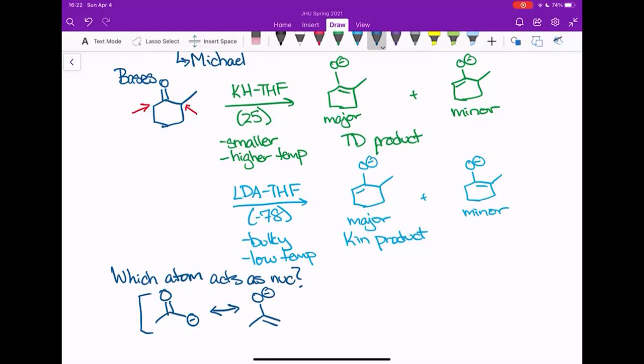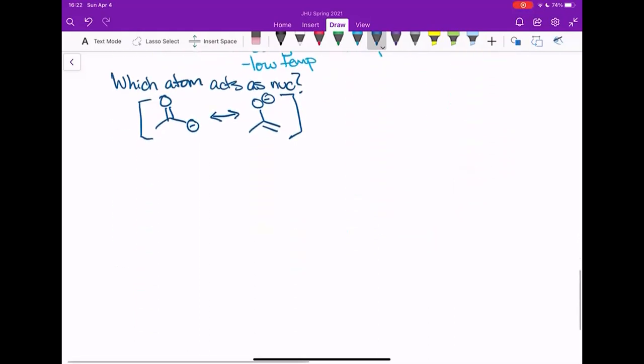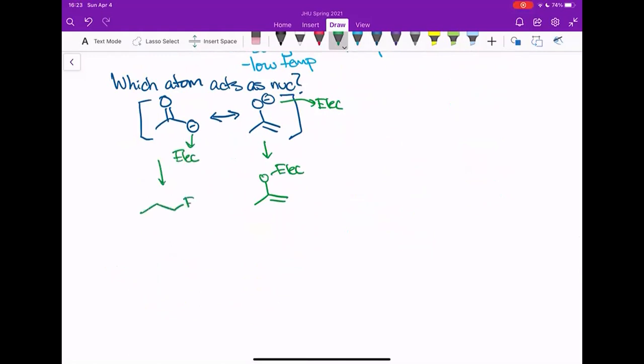Okay, so from here, if we were to go ahead and attack an electrophile, then we would have this product versus this product. And so between these two, this left product would be more favored. And the biggest reason for that is because the carbon-oxygen double bond is stronger than your carbon-carbon double bond.